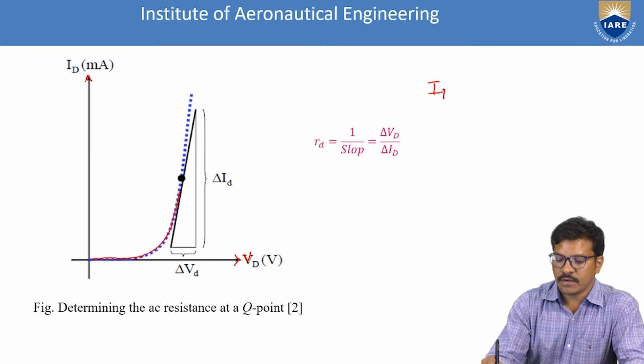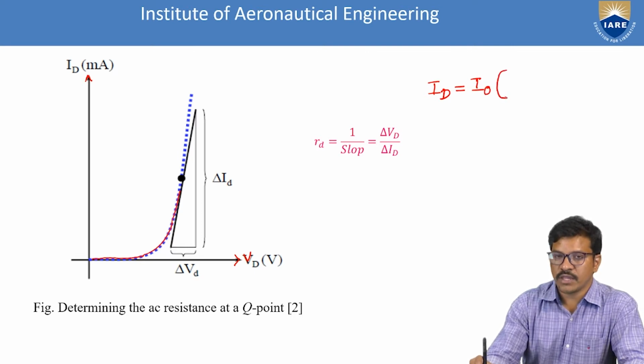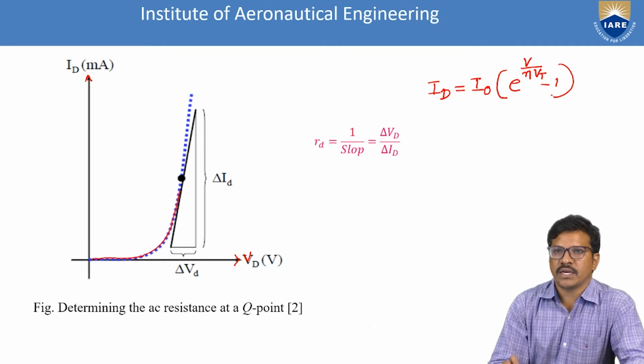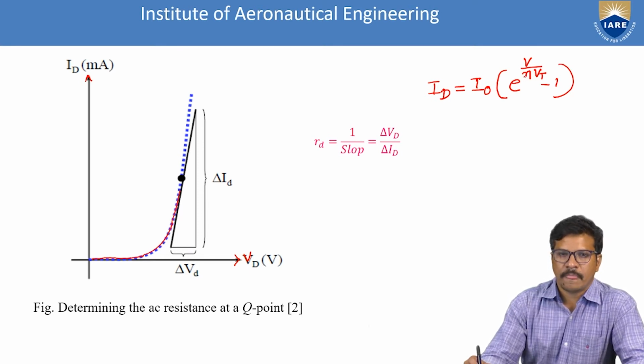It is expressed as ID, the diode current, is equal to I0, the reverse saturation current, times e to the power V by eta Vt, minus 1, where V is the supplied voltage, the diode voltage, and eta is the intrinsic constant for the material.